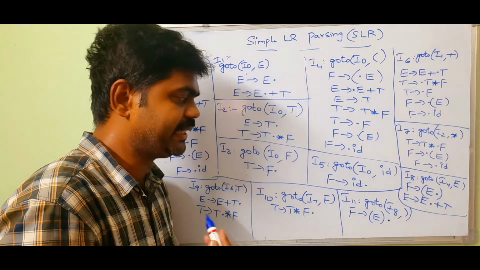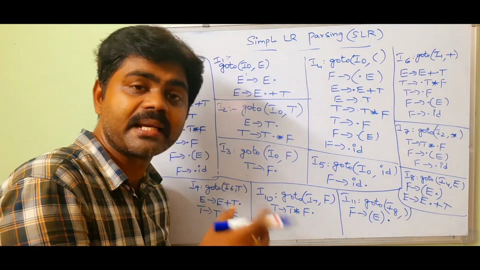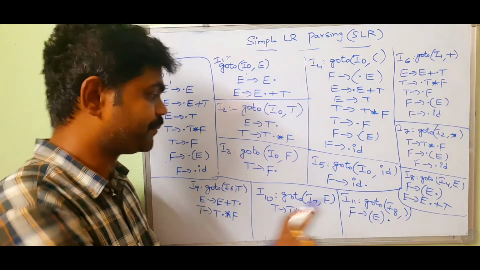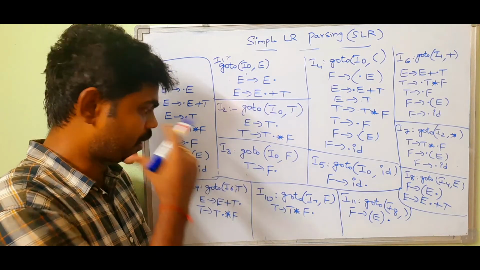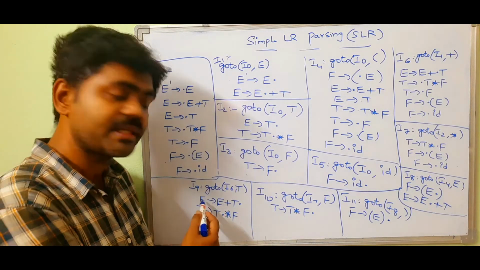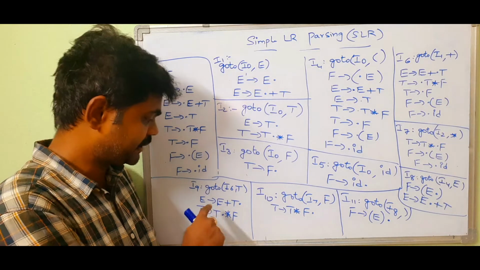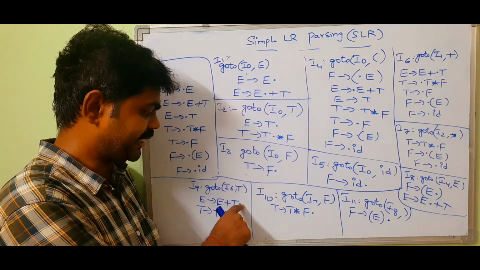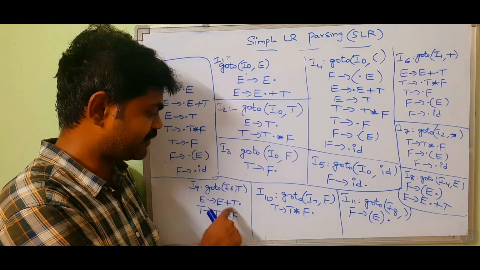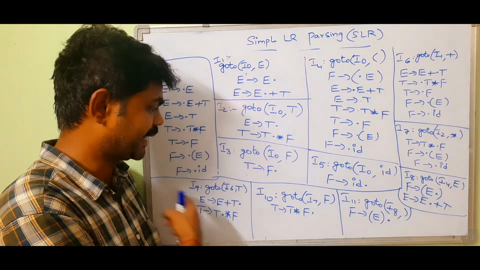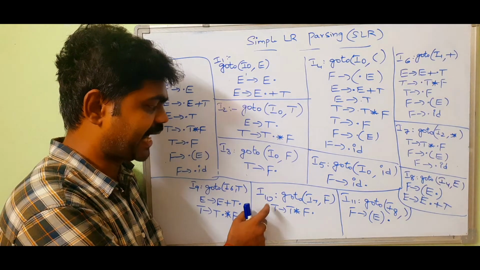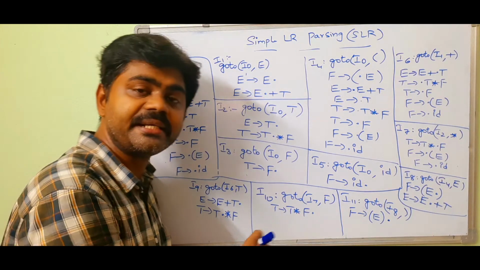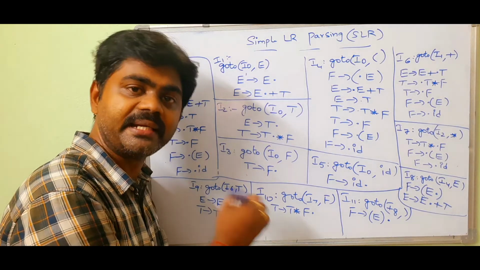So as we know, E is our starting symbol and dot finally reached at the end. So can we apply go to on I9? If you see closely I9, my dot already reached at the end, and after dot I have star. So no need to calculate I9. If we take I10, dot already reached at the end, so no need to calculate for I10.